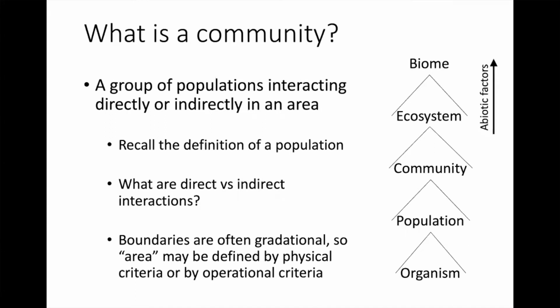Some organisms go further over the course of their lives. Some organisms stay in one spot. So even on Isabella Island, you're going to have seagulls in the community. They might go from one island to another, and so they don't really care where the shoreline is. But all the bumblebees that pollinate the yellow cotton plants are going to stay on the island. So you can get fuzzy boundaries.